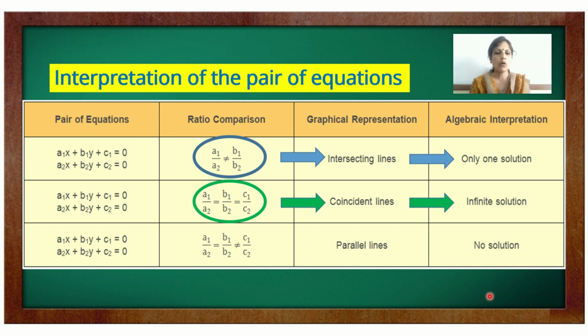Now suppose you observe that a1 upon a2 is equal to b1 upon b2 but not equal to c1 upon c2. Then you can interpret that the lines will be parallel lines and the pair of linear equations will not have a common solution, will not have any solution. Alright, so this is called the graphical interpretation of a pair of linear equations.